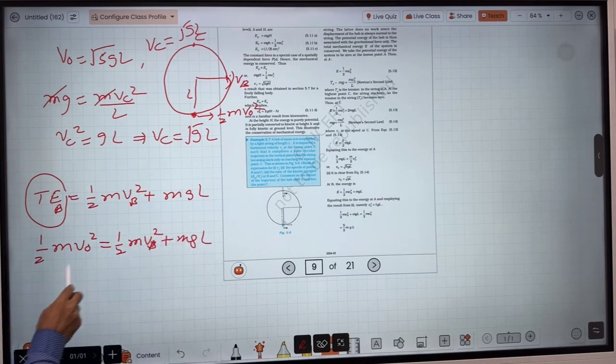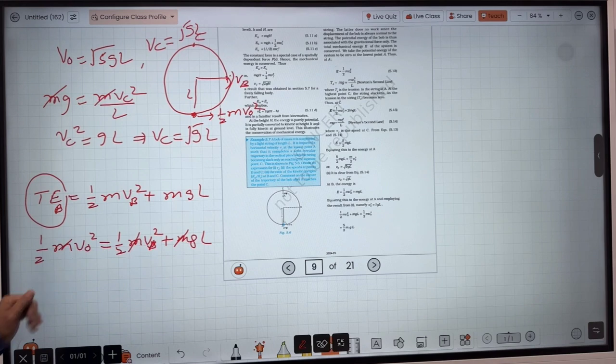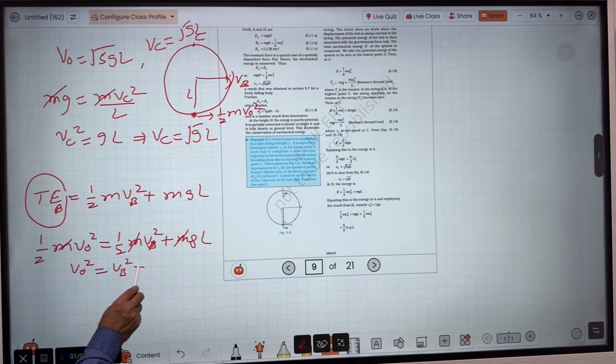Now here m can be cancelled and we can multiply each term by 2. So we will get v0 square equal to vb square plus 2gL. Our concern is to find vb.